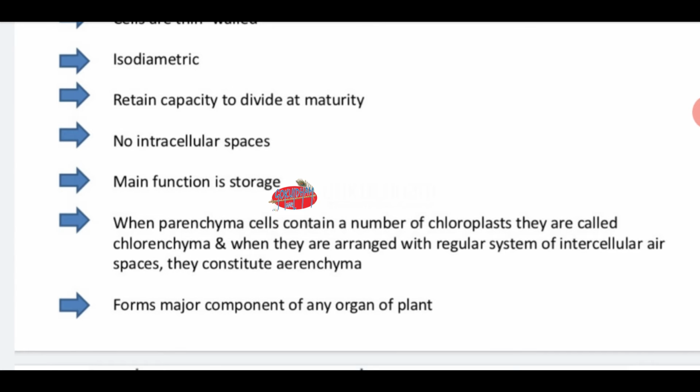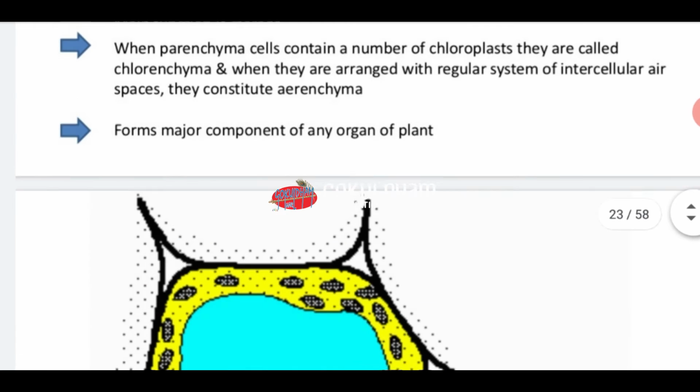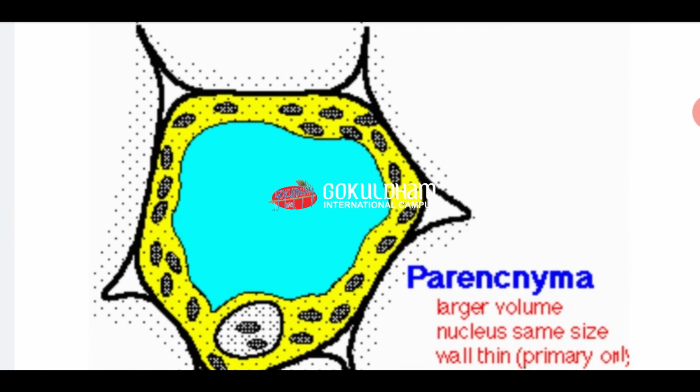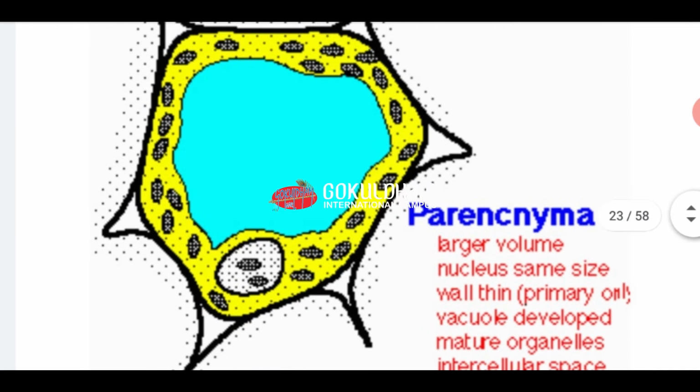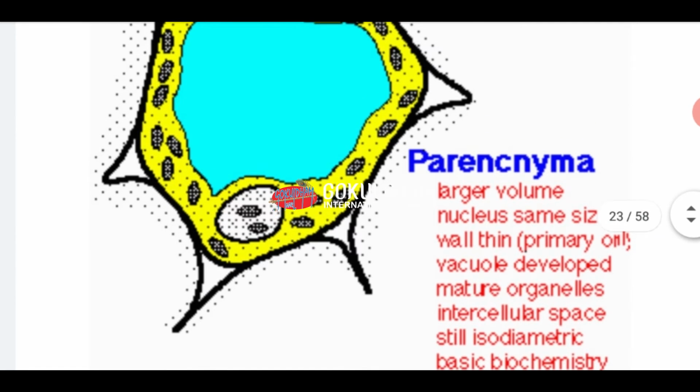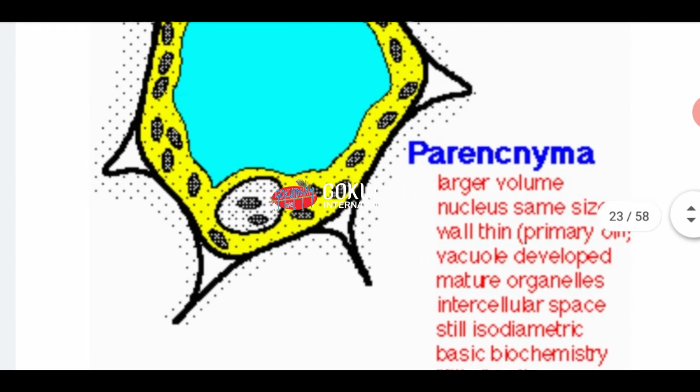Means parenchymatous tissue is one of the most abundant in the ground tissue for food storage and storage of other substances. So this is the figure of parenchymatous tissue. It shows the thin cell wall and intercellular space, and vacuole also present in the parenchymatous cell.